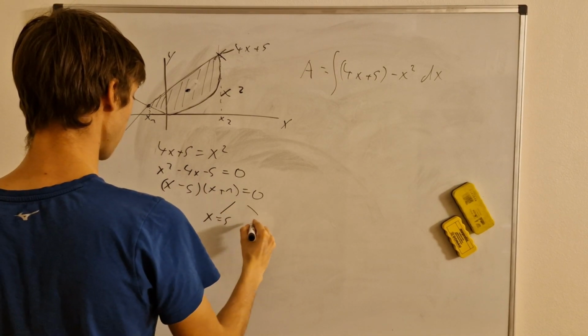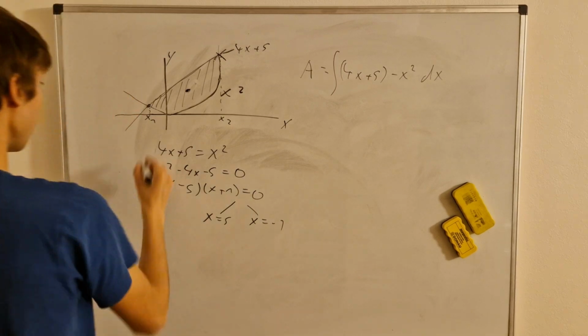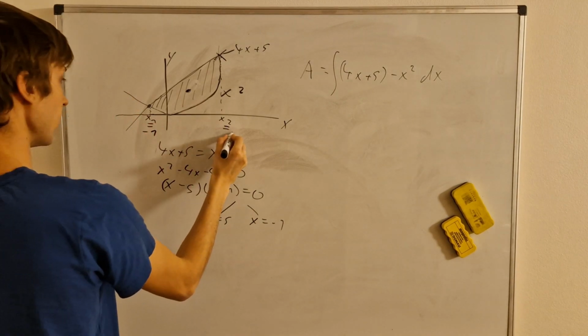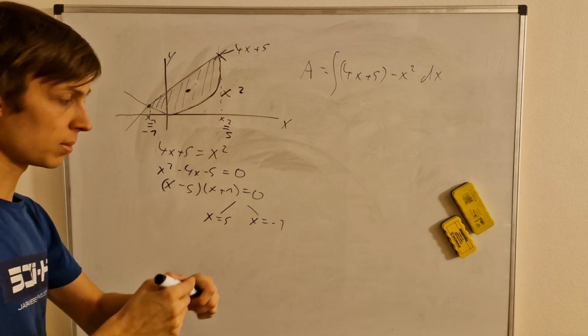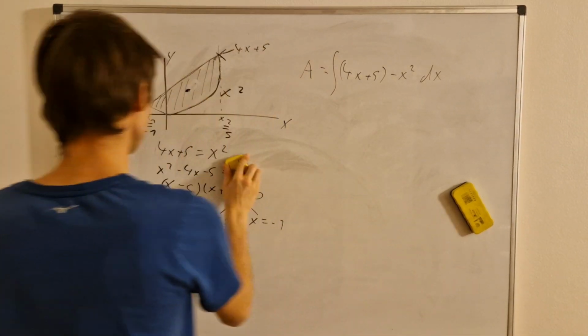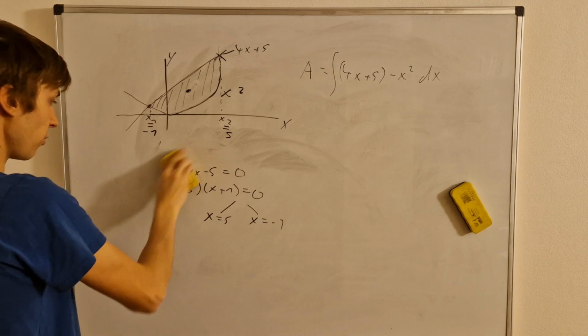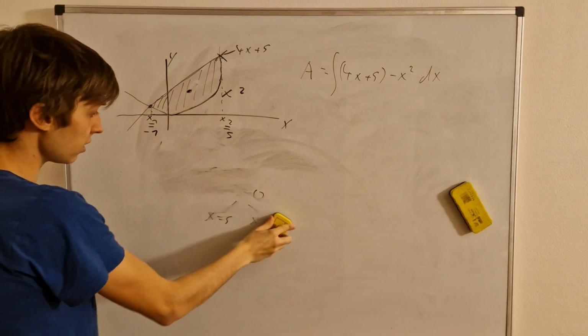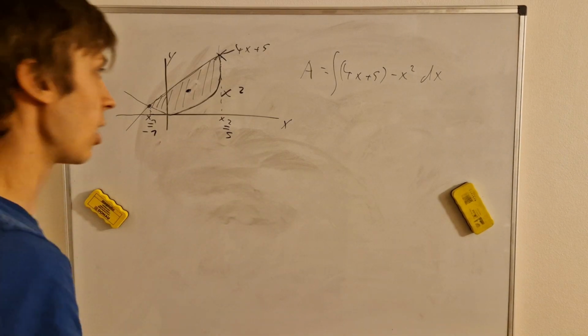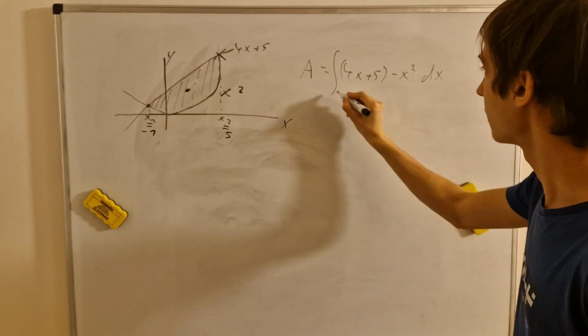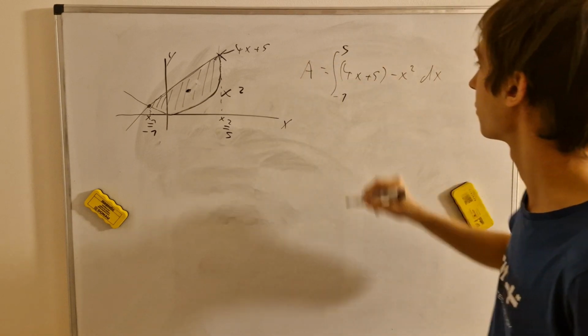They're 5 and minus 1. So we identify that this is minus 1 and this is 5. So we know that from minus 1 to 5, 4x plus 5 is bigger than x squared, and that is the subject of our integration now. Still, our main point will be to find the centroid afterwards. Now we're just doing the area, from minus 1 to 5.